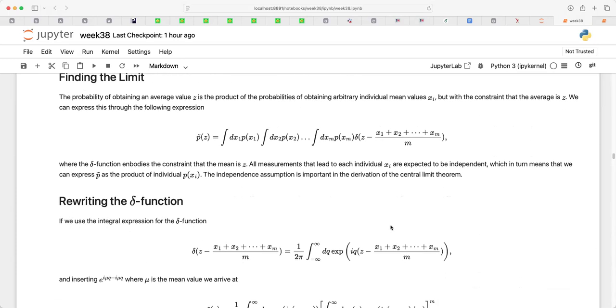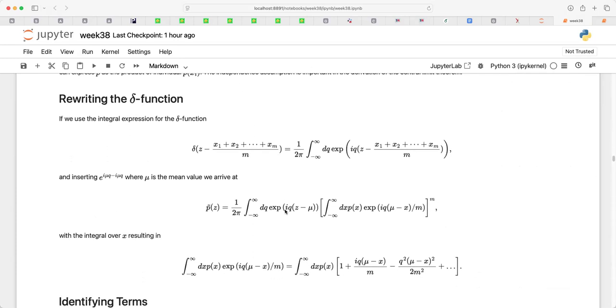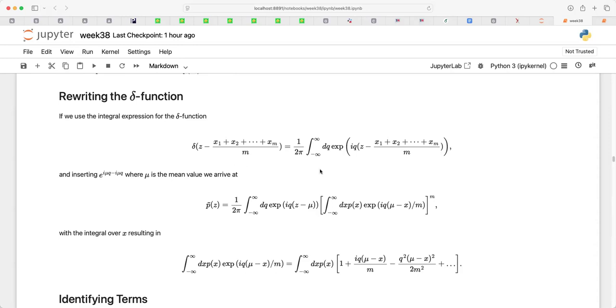Now, we can then manipulate that with the delta function by simply using this expression for the delta function. So the mathematics here is a technicality, and perhaps not that important, because what we want to discuss is actually bring back the central limit theorem, because the bootstrap method is a simple way to show how you can obey the central limit theorem when you just resample your data points.